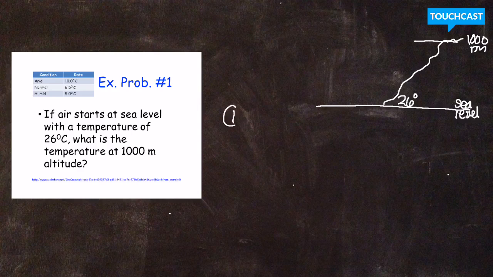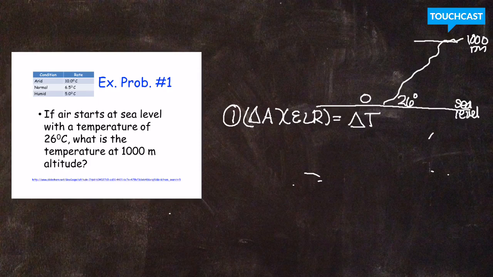So here we go. First step, write your equation. I have the change in altitude times the environmental lapse rate equals the change in temperature. My change in altitude, I'm going from 0 to 1,000 meters. I know that I need kilometers, so change this to 1 kilometer. So I started at 0 and I went to 1 kilometer.